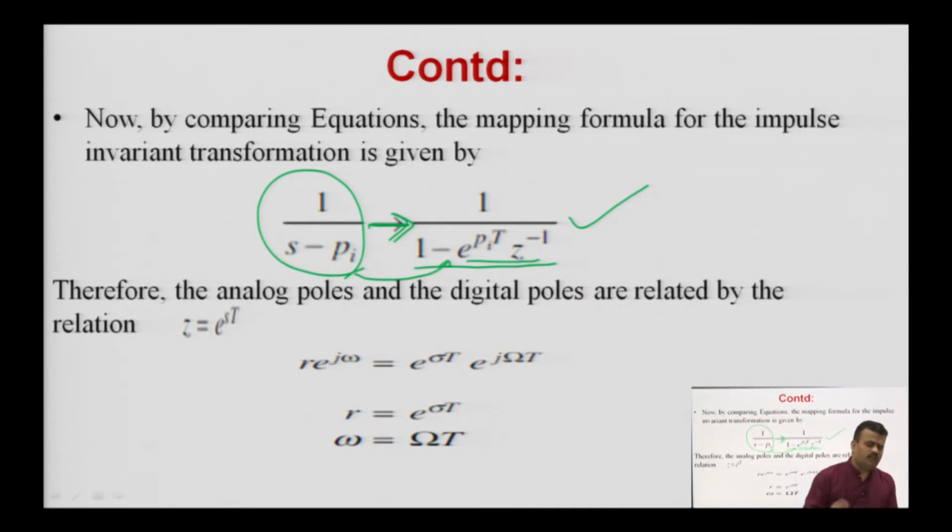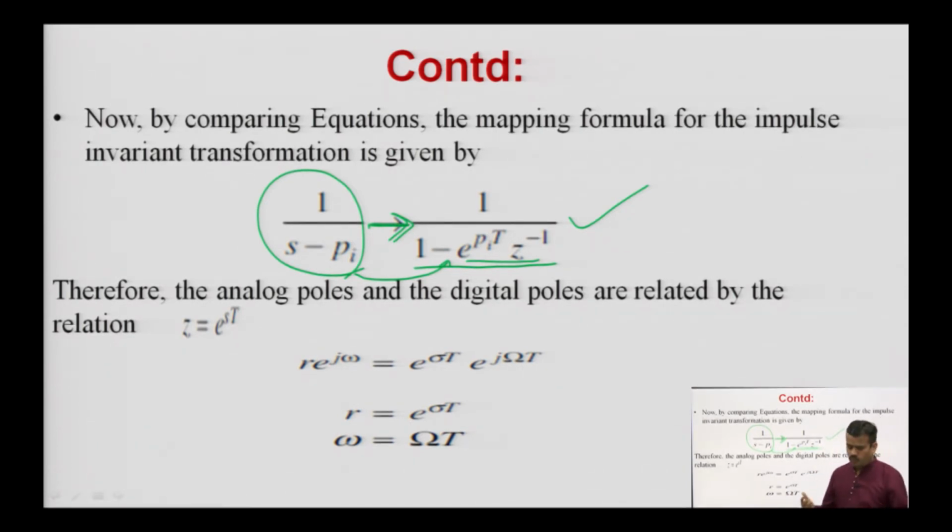Similarly, any type of expression you can convert from the analog domain into the digital domain by following similar steps, or you can say 3 steps. First, you take the inverse Laplace transform, or convert your H(s) into h(t).